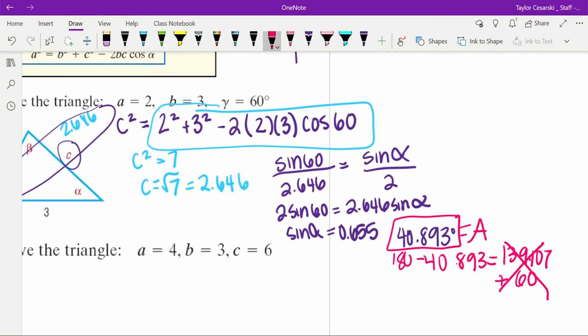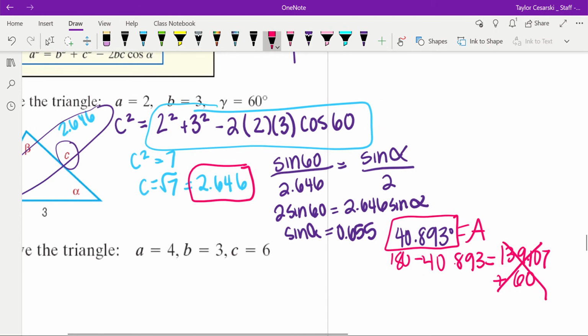Okay, so I have two things done so far, and I need to find my third one, which is beta, or B. Okay, so I'm going to do it the easy way.